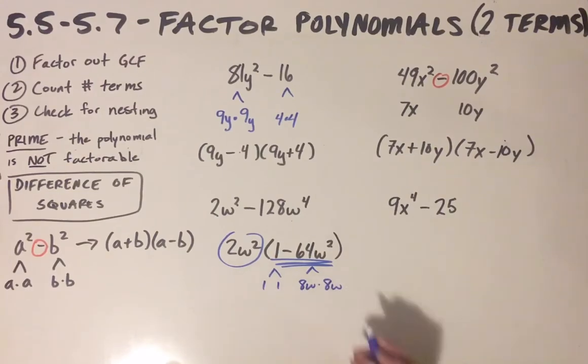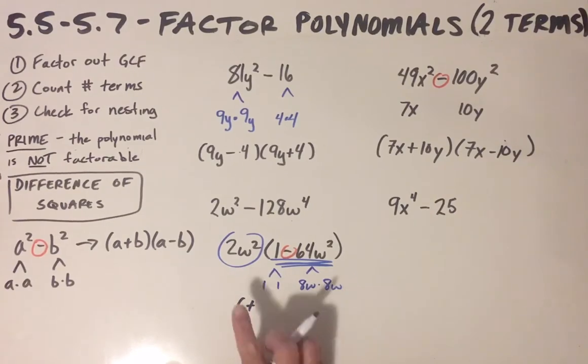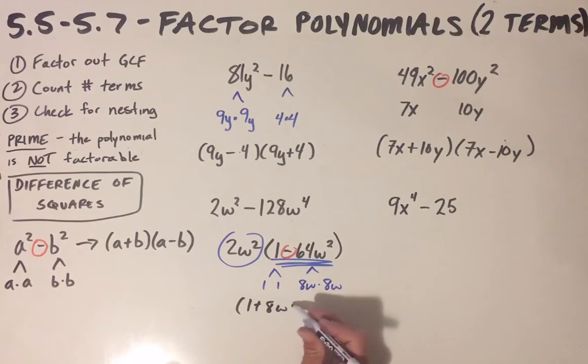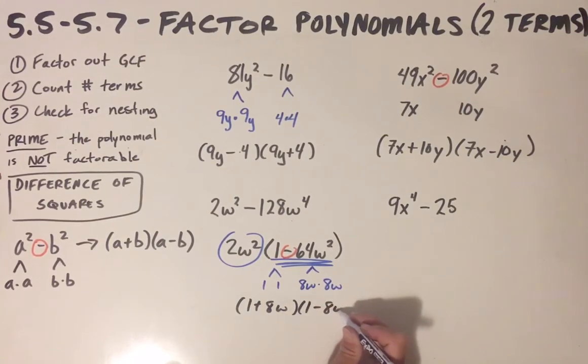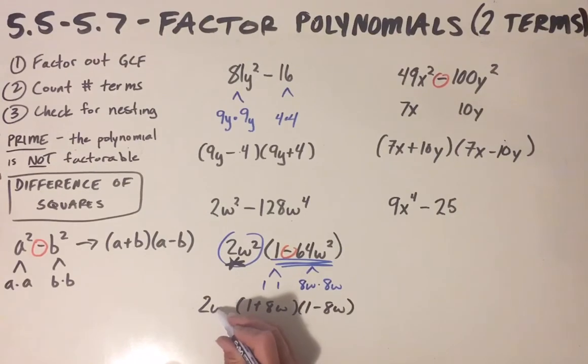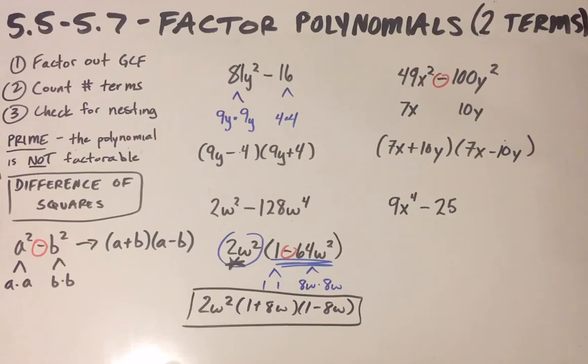So these both are perfect squares, and this is a subtraction sign. So this is indeed a difference of squares, so this can factor further. So that is going to factor to a 1 plus 8w and a 1 minus 8w, but I can't forget that I need to bring down this 2w squared, and this is factored completely.